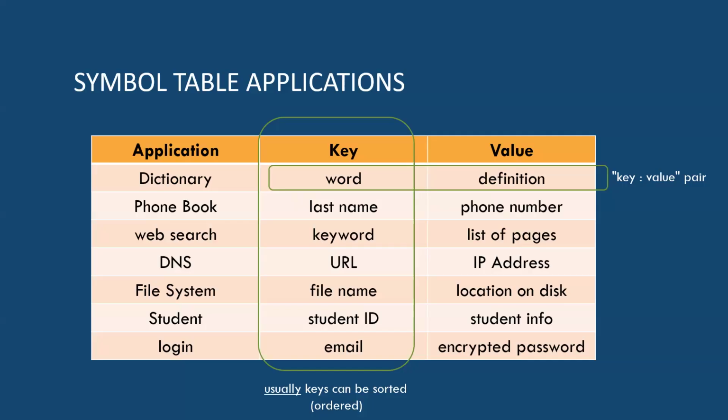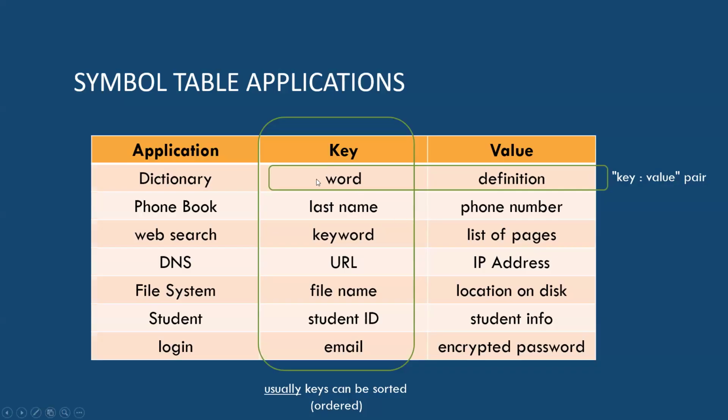All sorts of things. A URL, right? DNS servers, for those of you who know what that is, a URL is going to actually map to an IP address. So if I am google.com, I'm going to get an IP address for that from the DNS server. So there's all sorts of examples out in the world where these key value pairs actually solve really, really nice problems.